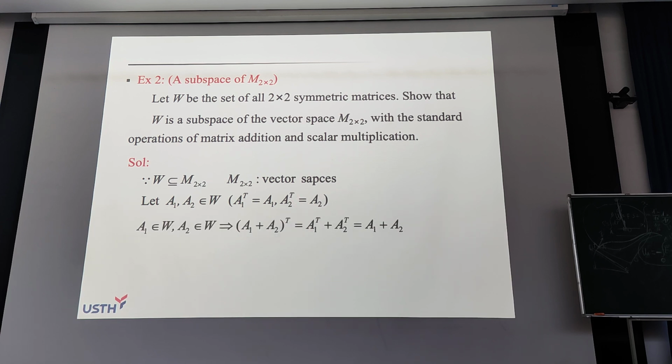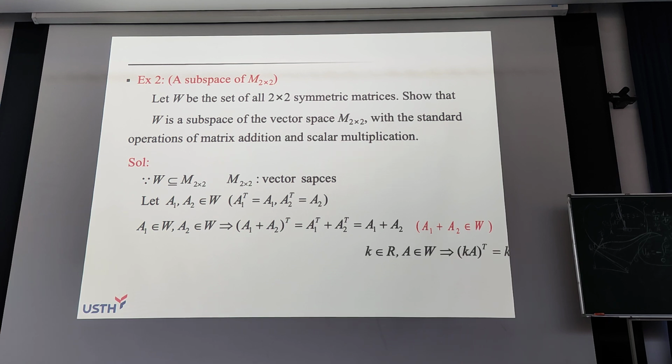Now we consider property number 1, A1 plus A2. If we take the transpose, then by a property of transpose, that equals A1 transpose plus A2 transpose, which again equals A1 plus A2. So it means that A1 plus A2 is symmetric again, or it belongs to W.